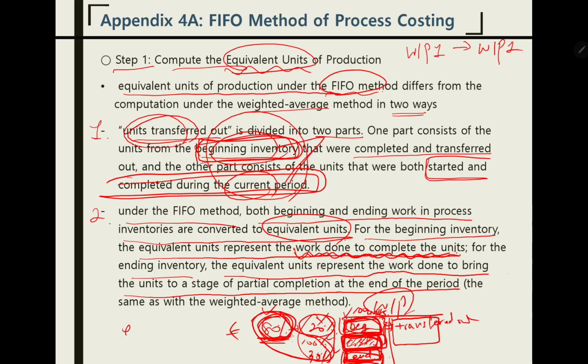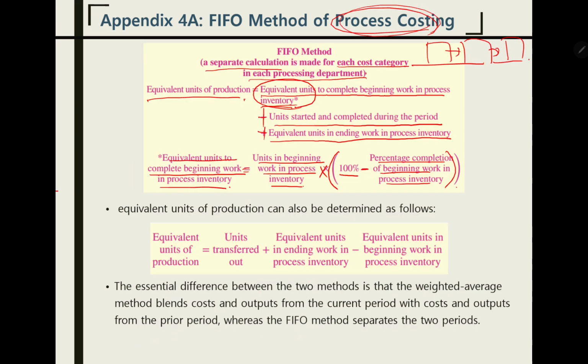Then the equivalent unit of this beginning inventory during this period is 100 units times 100% minus the completion of the beginning. So 100 units times 80%, so equivalent units should be 80 units.